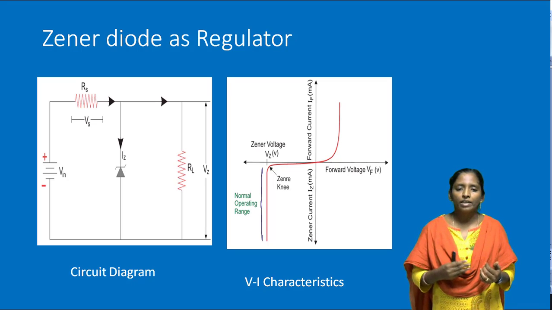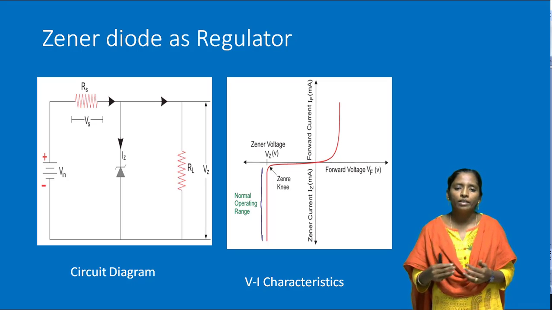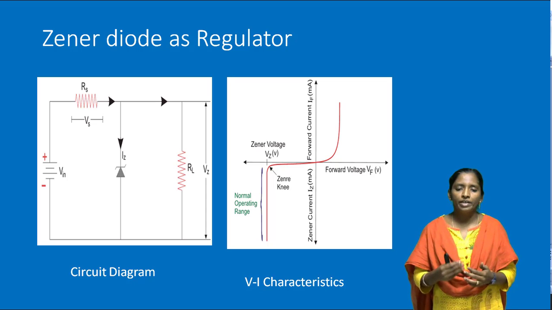In forward bias, the Zener diode acts as a normal diode. Until the cut-in voltage, it doesn't allow any flow of current. After it reaches the cut-in voltage, that is 0.3 volts for germanium and 0.7 volts for silicon, it allows the maximum flow of current in forward bias.